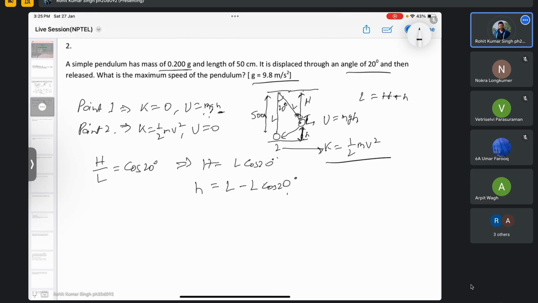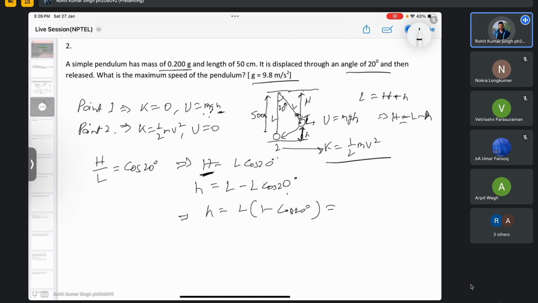We have just replaced the big H, so h is equal to L minus H, right? So you can calculate the small h, which will be L(1 minus cos 20 degree).